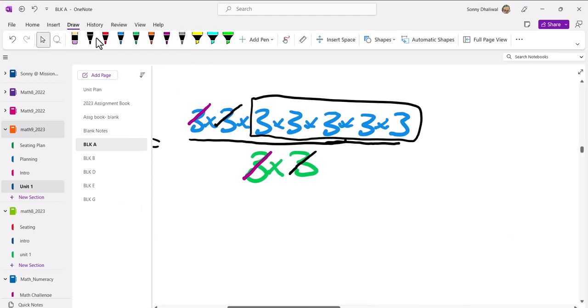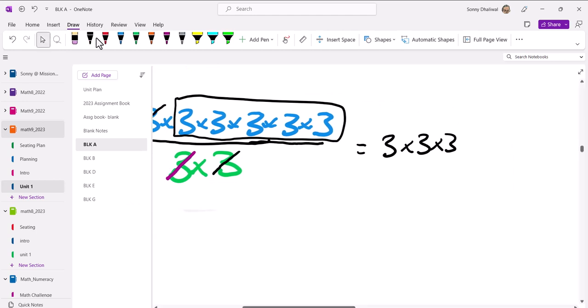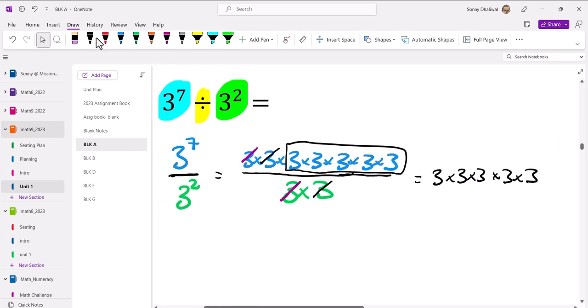So this is what's left over. That looks like 5 3s there: 1, 2, 3, 4, 5. So we eliminated stuff from the top and bottom. I kind of showed it both ways. So if I wanted to write that as a power, what would that be?